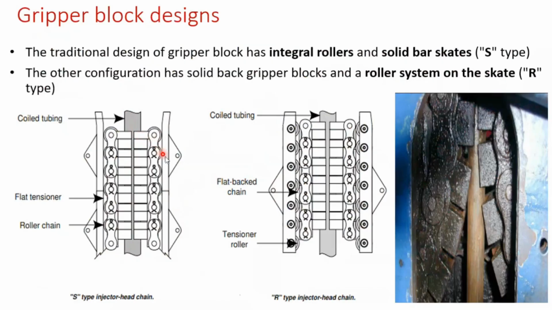In the other design, the rollers are in the skids themselves. The S-type is called solid bar skid: solid, without rollers, with the rollers on the chains themselves. In the roller skate design, the rollers are on the skates themselves, and the chains have no rollers, then the gripper block. But the most commonly used is the S-type, in which we have solid skates and the rollers lie in the chains themselves.